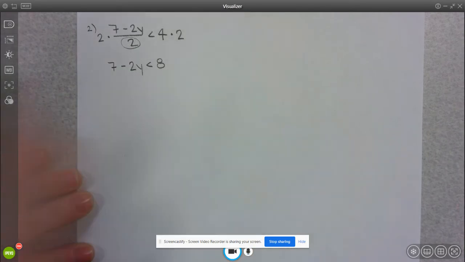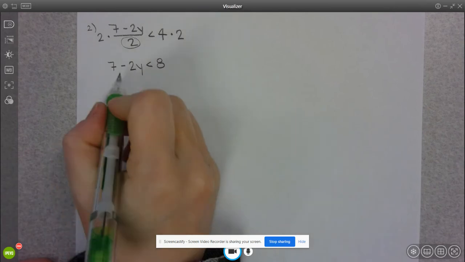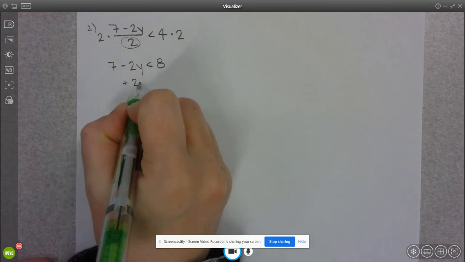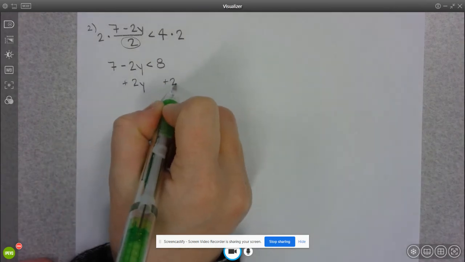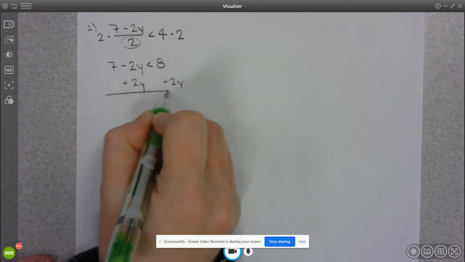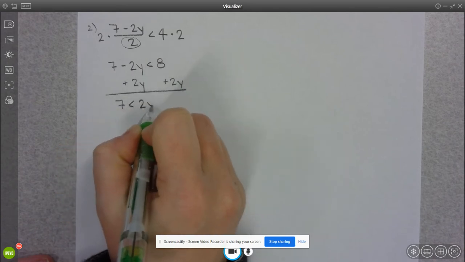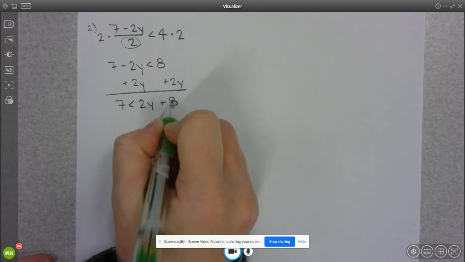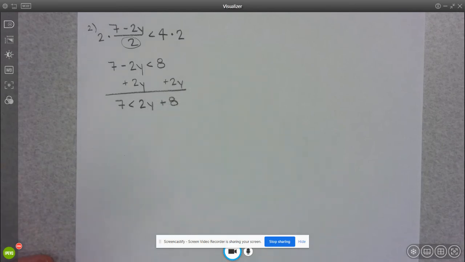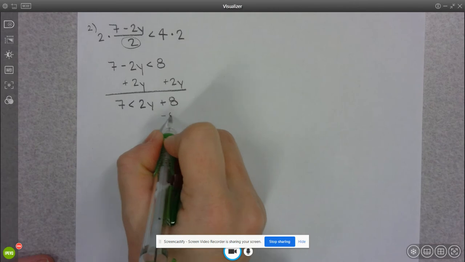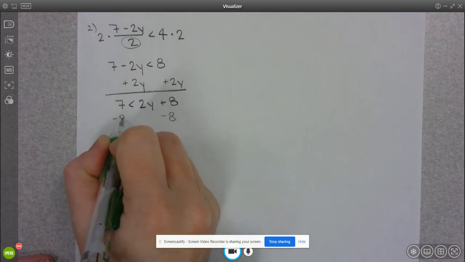In this first way of solving it, I'm going to force my inequality to have a positive coefficient in front of my variable. I'm going to add 2y, which is going to leave me with 7 being less than 2y plus 8. Now I would have to subtract 8.